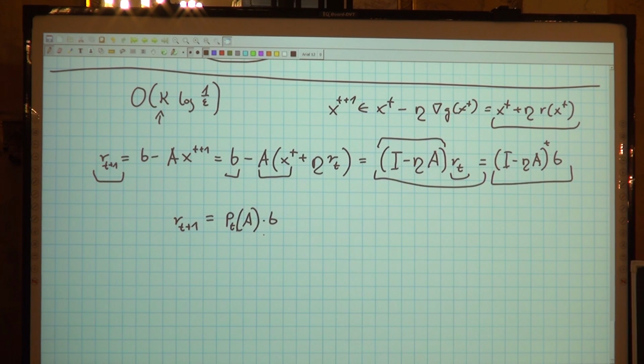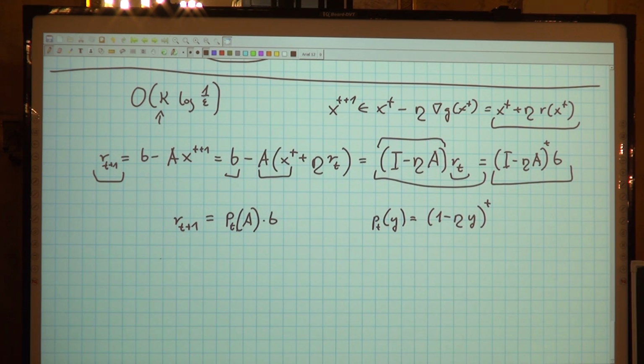So this is a polynomial of the matrix. But what is this polynomial? P_t of y. I can think of it as a univariate polynomial, and the way I obtain the matrix polynomial is I plug the matrix A in for every occurrence of this univariate variable. So what is it? It's a very simple polynomial: it's just 1 minus eta times y, to the t.